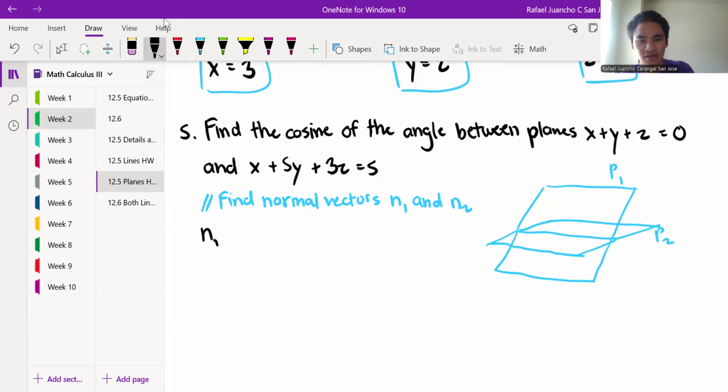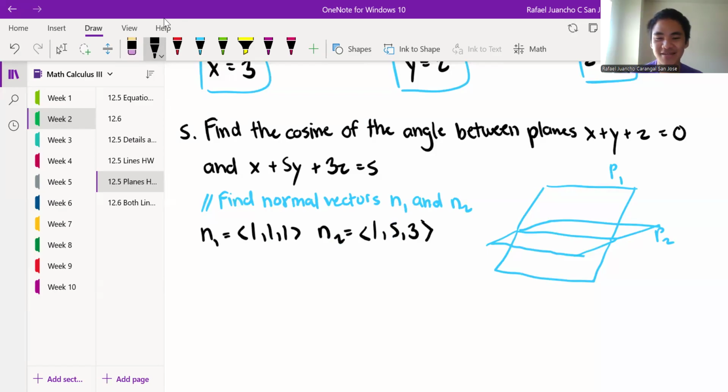So n1 is actually just these coefficients. The normal vector of the first plane is (1, 1, 1), while the normal vector of the second one is, well, this thing. Just check the numbers here. So that's (1, 5, 3). So far, so good. Kind of.